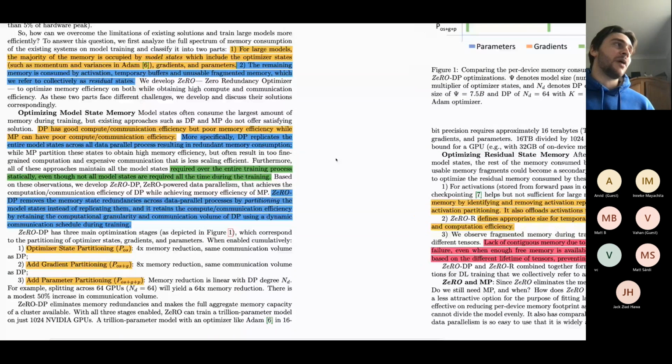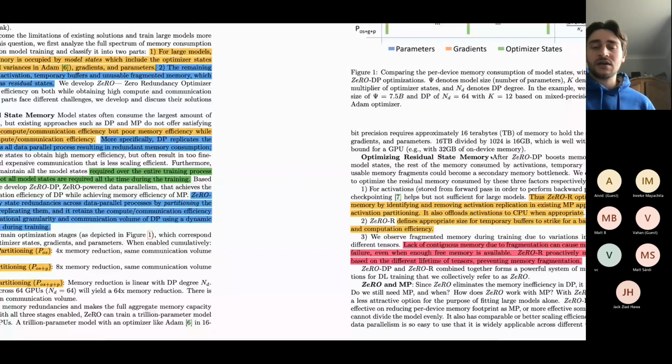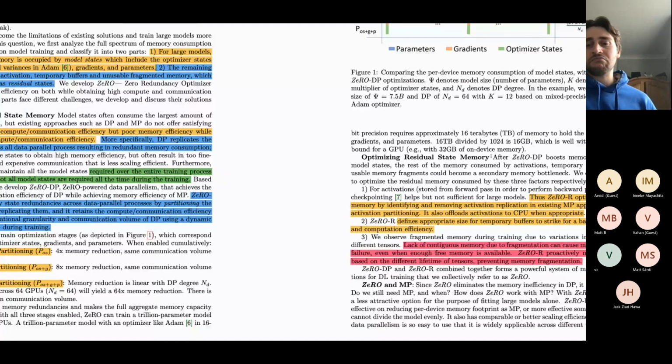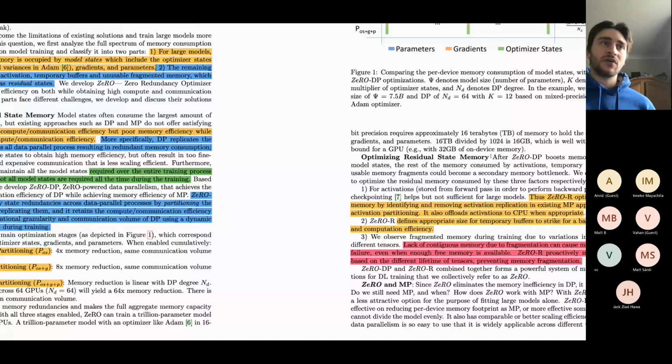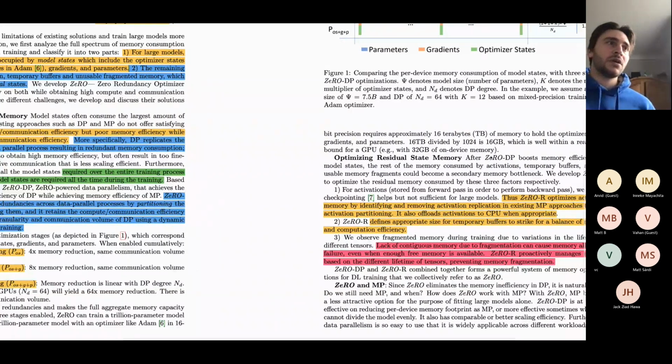One is optimizing for model state, which is what we just described. And then the other one is optimizing for the residual state, where the residual state are things like the activations within the model, because those are things that are not really permanent. They're just an element of the forward and backward pass that you require for updates, but they're not actually part of the model. They're just part of the computation.